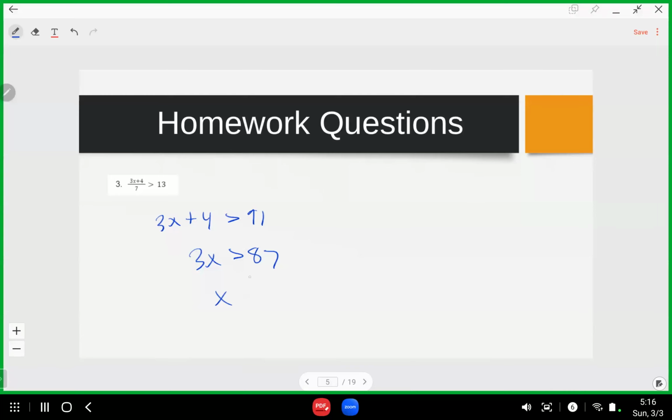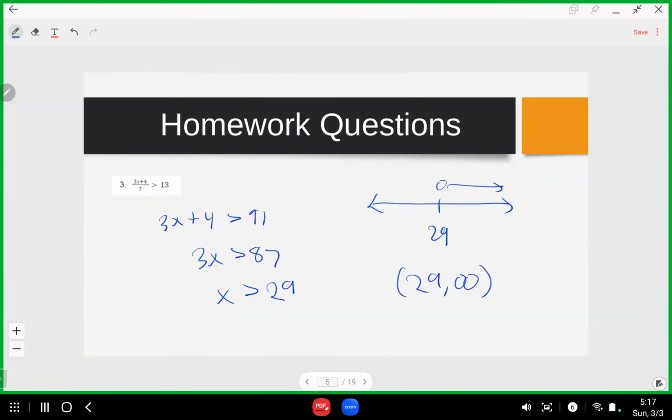And then divide 87 by 3, x is greater than 29. Okay, very good. And how do you graph it? Open circle, and then the arrow pointing to the right. Okay, very good. And then how did you do the interval notation? Parentheses, I think, and then 29, comma infinity.